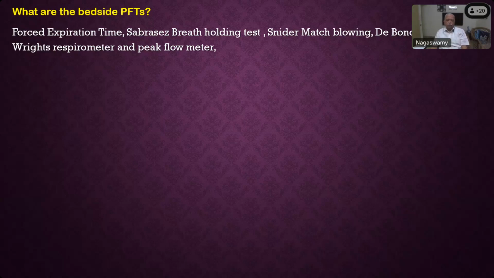Don't think of the Valsalva method. We are not trying to do Valsalva. What is the difference between Valsalva and the breath holding test of Sabrasez? That is against a closed glottis. We are doing a forced expiration with a closed glottis. That is why we are purposely increasing the intrathoracic pressure.